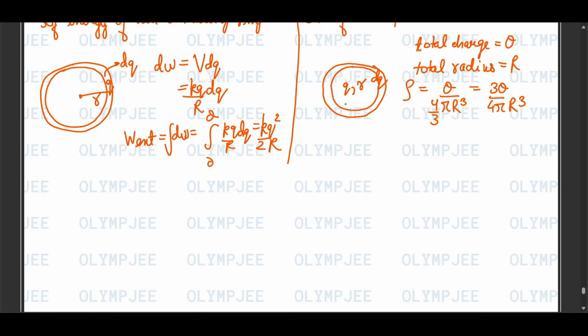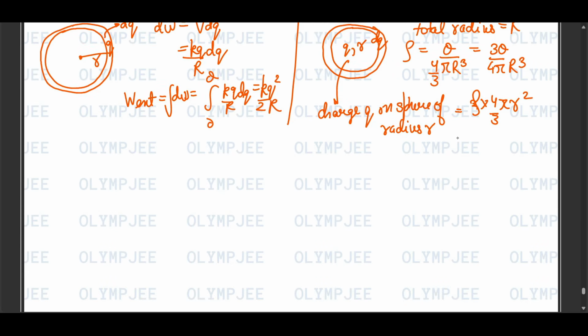So charge q on sphere of radius r is given as rho multiplied by 4 by 3 pi r cube, which is equal to 3q by 4 pi R cube multiplied by 4 by 3 pi r cube. 4 pi gets cancelled, 3 gets cancelled, so this is q r cube by capital R cube, right?